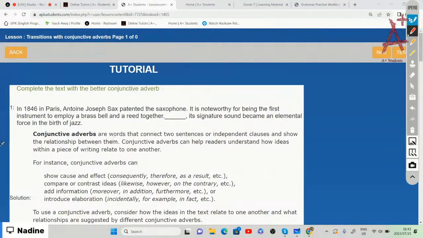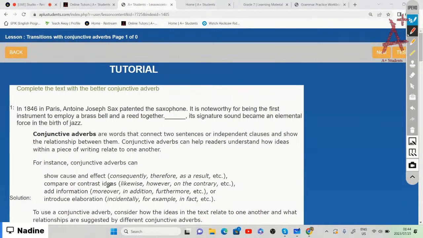So conjunctive adverbs are words that connect two sentences or independent clauses and show a relationship between them. Conjunctive adverbs can help readers to understand how ideas within a piece of writing relate to one another. And that is what I was mentioning. It flows, right? It relates. It is going from one sentence to the other, and it's already flowing from one sentence to the other.